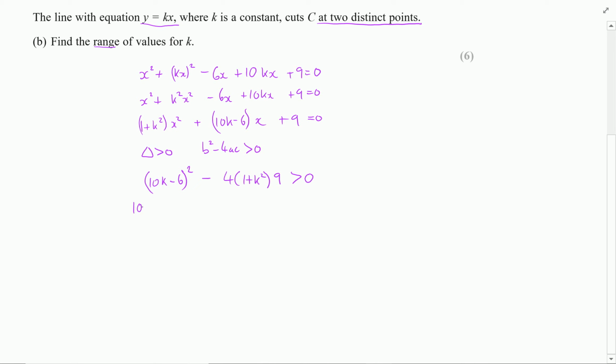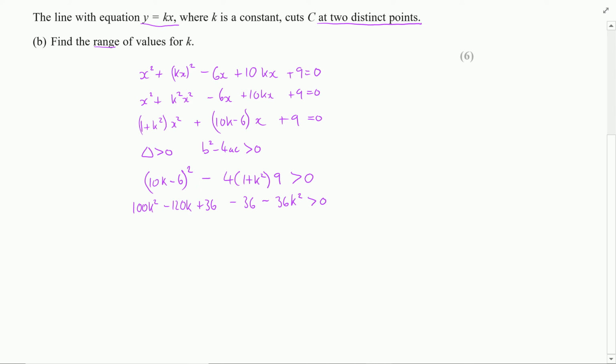Expanding that first bracket, I've got square the first term, twice the product, which is going to be minus 120k, square the last term, and then expanding the second bracket, that's giving me 4 times 1 times 9, which is minus 36, and 4 times k squared times 9, so again that's going to be minus 36k squared, which is greater than 0.